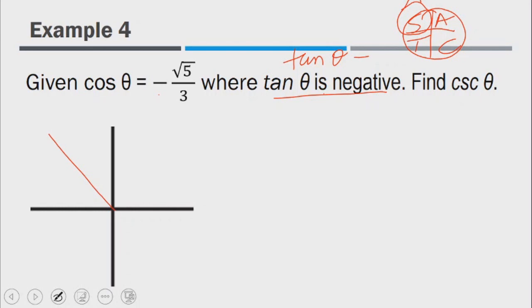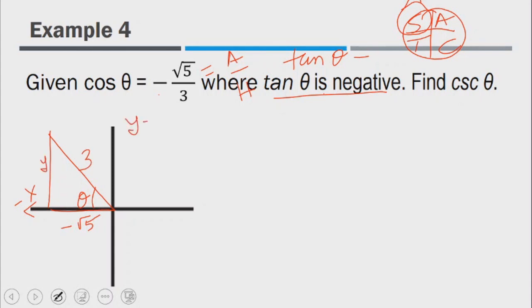We are going to draw our reference angle again. Cosine theta is adjacent over hypotenuse. So the adjacent will be this. We know that we are in the negative x direction, so this will be negative root 5, and the hypotenuse will be 3.